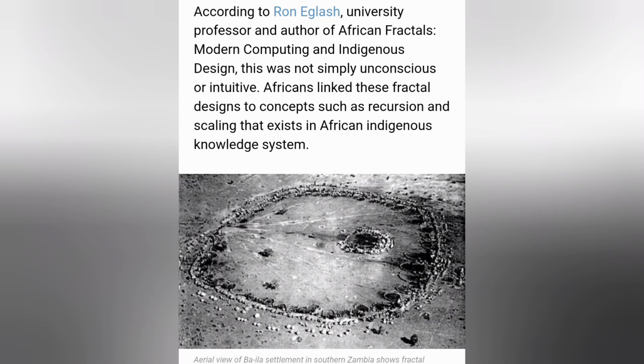Next time, we'll look at fractals, and as you can see here, according to Ron Eglash, university professor and author of African Fractals: Modern Computing and Indigenous Design, this was not simply unconscious or intuitive. Africans linked these fractal designs to concepts such as recursion and scaling that exist in African indigenous knowledge systems.